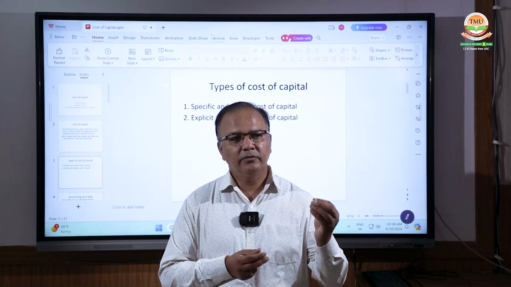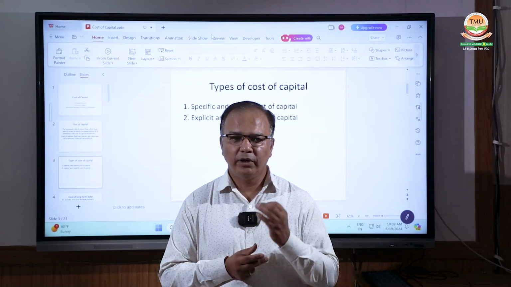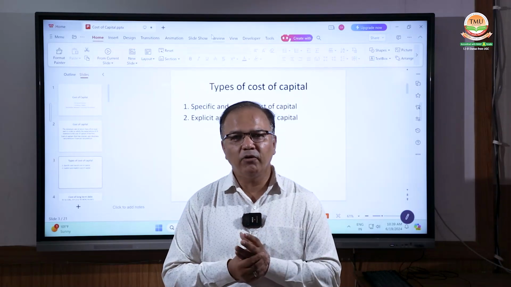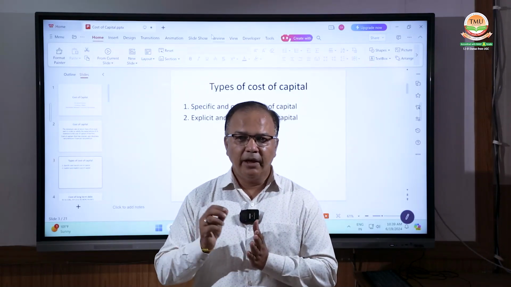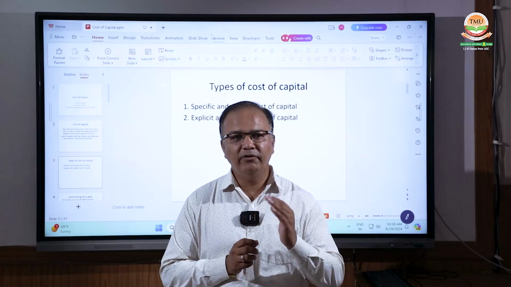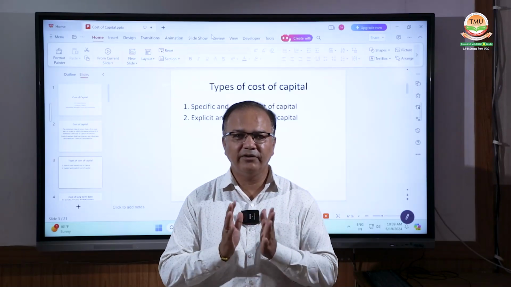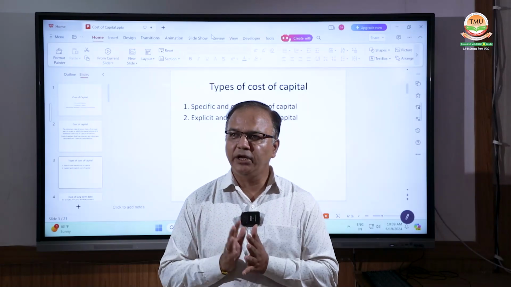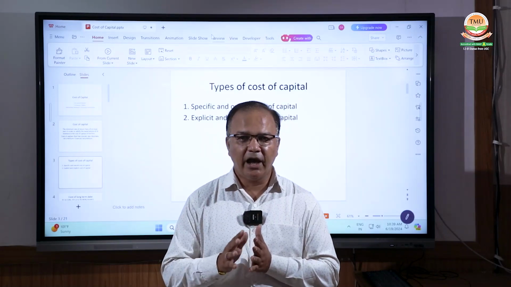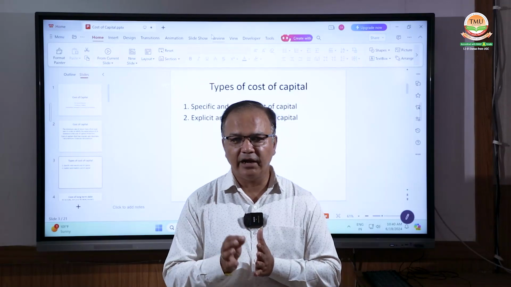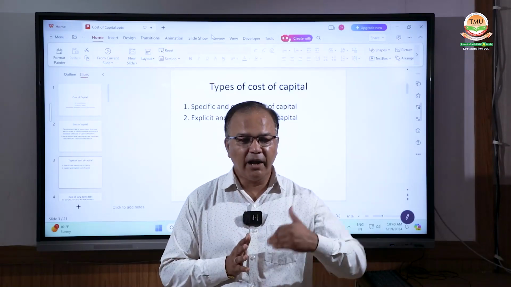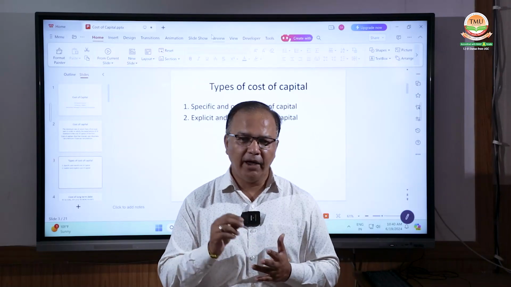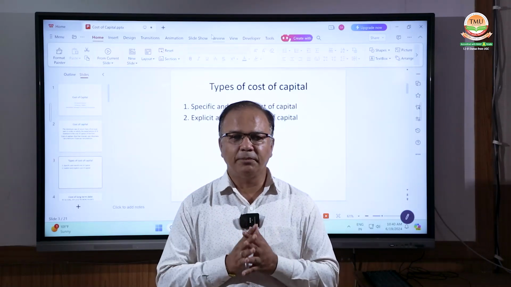I am getting 50 lakh by way of equity, or so I am getting 50 lakh by way of the preference share, and I am ensuring that I will pay the return, the dividend, at the rate of 12%, and at the same time I am ensuring the debenture holder that I will pay the interest at the rate of 16%. Now I am collecting 50 lakh at the rate of 12%, and I am collecting 50 lakh by paying 16% per annum.